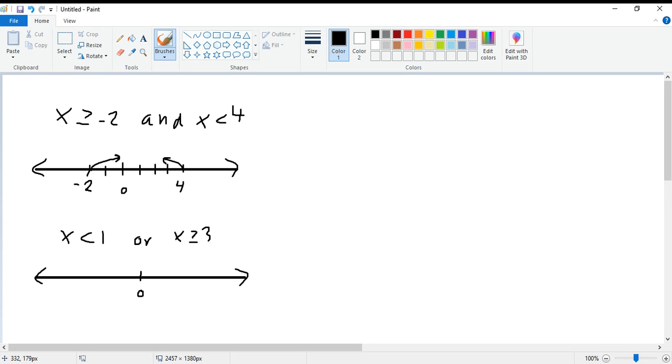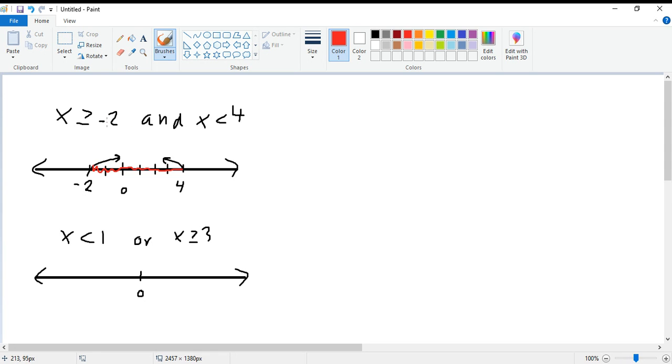That happens to be the numbers in between -2 and +4 that are shaded. And in general, and statements do represent shading in between the two numbers. Not necessarily always, but very likely that it is.